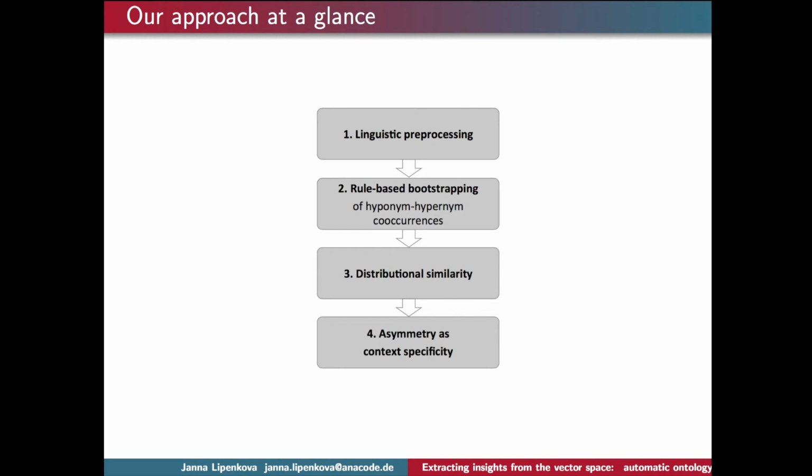Then we use distributional similarity and apply word embeddings to capture similarities and the inheritance property, the inherited properties basically. And finally, we measure context specificity as an indicator for the asymmetry in the hypernymy relation, and basically use it to determine the directionality in specific hypernymy pairs.